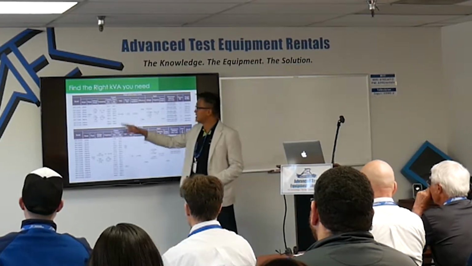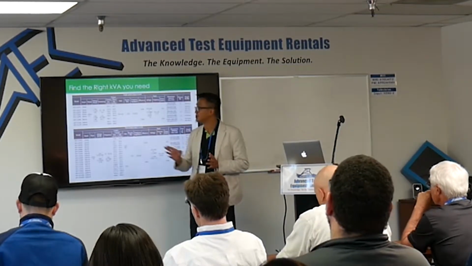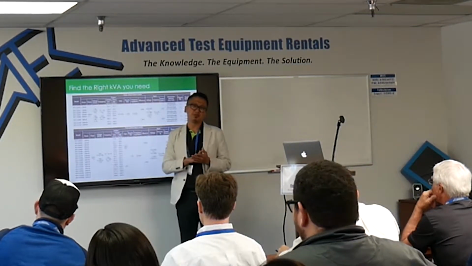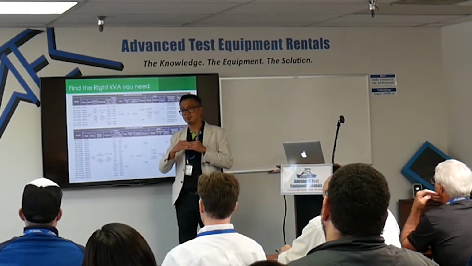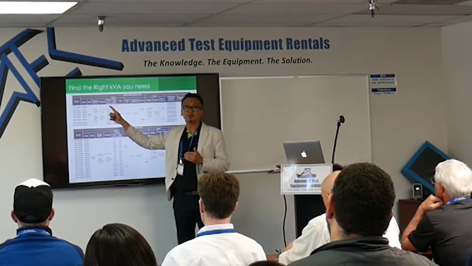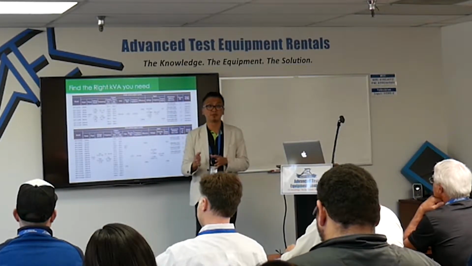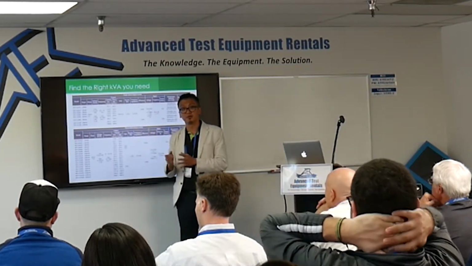So when you select a power supply for an AC product, it usually has 2 voltage ranges. Why are there 2 voltage ranges? The low voltage range is usually from 0 to 150 volts, and the high voltage range is 0 to 300 volts.